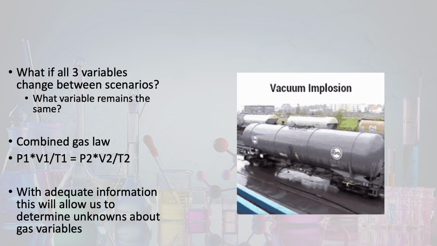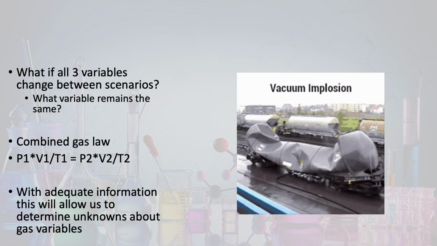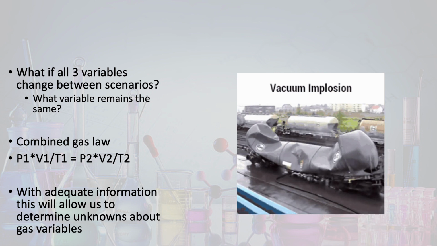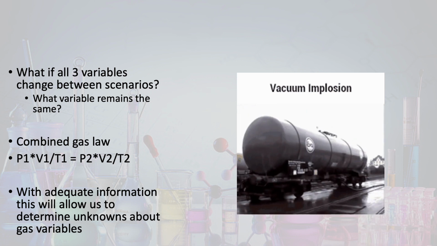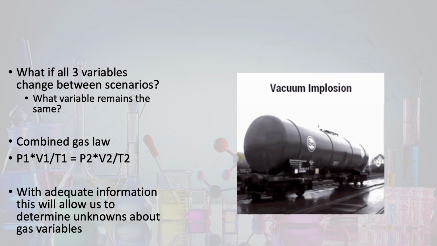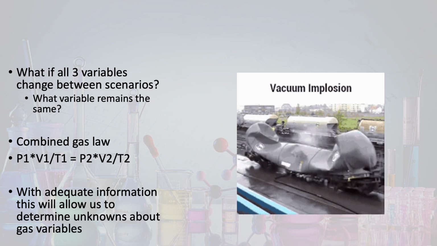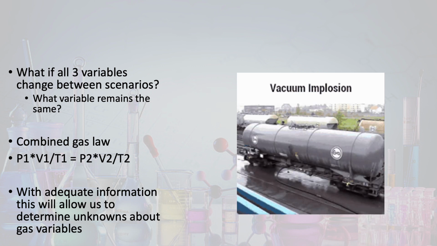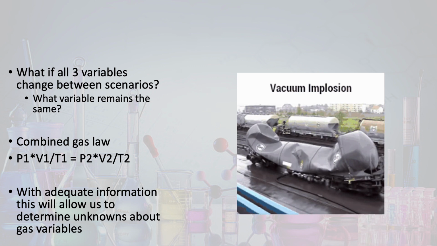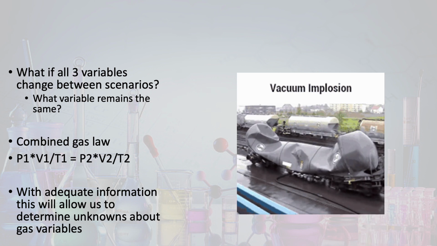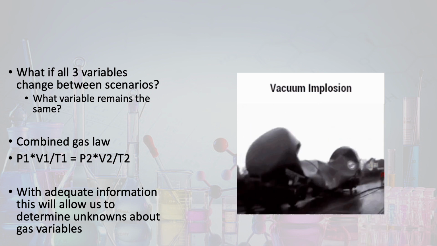In order to determine when you should use the combined gas law, look for when all three variables we've discussed until this point are changing. Again, that's pressure, volume, and temperature. You should have an initial set of pressure, volume, and temperature, and then you may be given a second set of conditions where the pressure and volume are changed, and be asked to determine the temperature, or any combination thereof.